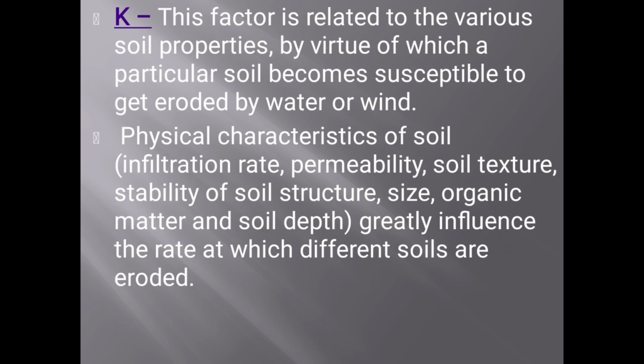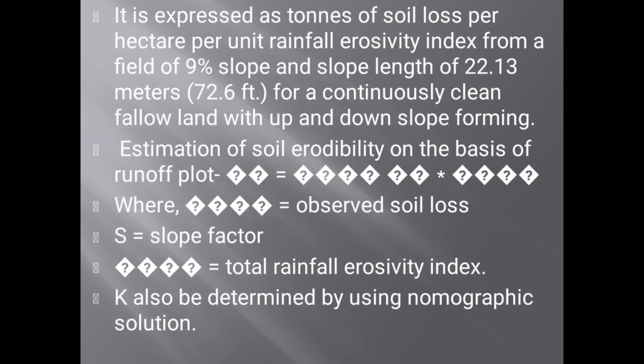K is a factor related to the various soil properties by virtue of which a particular soil becomes susceptible to being eroded by water or wind. Physical characteristics of soil such as infiltration rate, permeability, soil texture, stability of soil structure, organic matter, and soil depth generally influence the rate at which different soils are eroded.